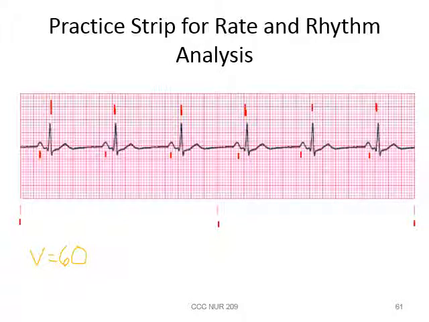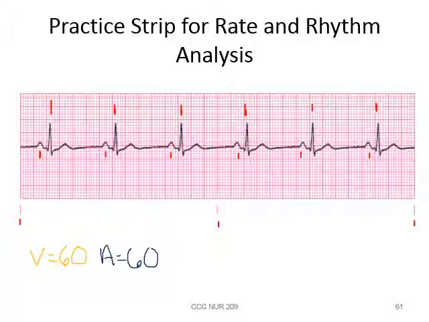So our atrial rate is 60. So if we look at this strip, there's a P wave for each QRS. There's a QRS for each P wave. Then we're going to look, what does our P wave look like? Our P wave is upright and rounded. It's upright and rounded on each one of them.